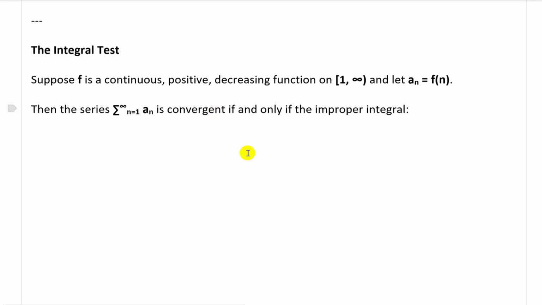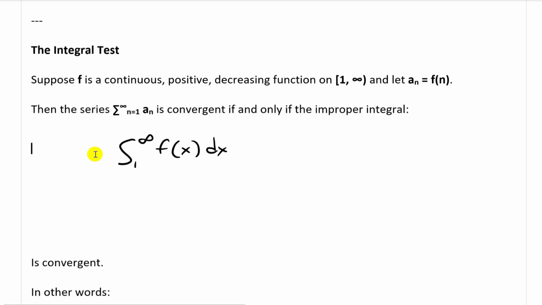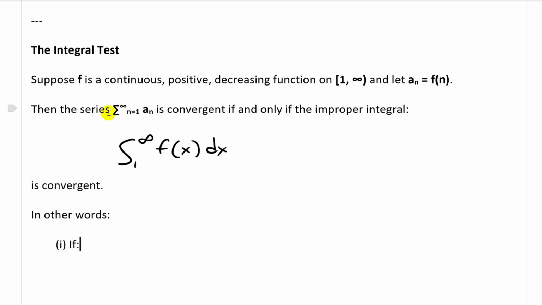So if we're given this, then the series from n equals 1 up to infinity of a_n is convergent if and only if the improper integral from 1 to infinity of f of x dx is also convergent.